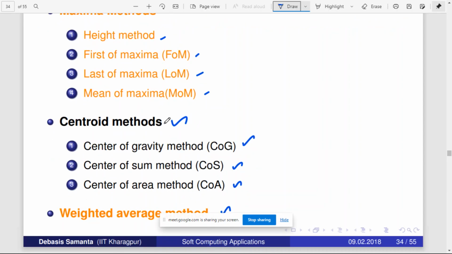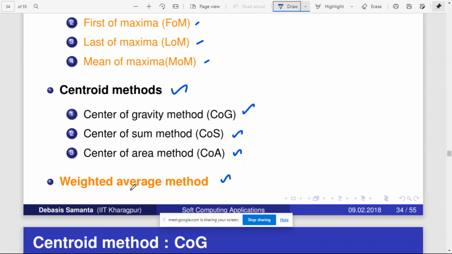Under the centroid method we have three types. All these techniques we will be discussing. For the weighted average method we don't have any subtypes, it is just the weighted average method. These are the things we are going to discuss in this lecture.